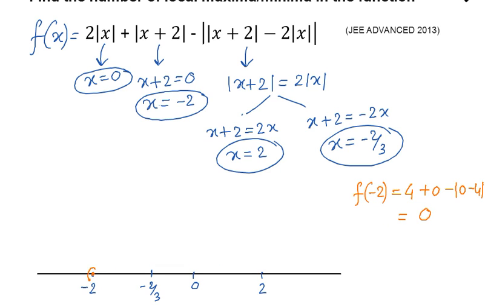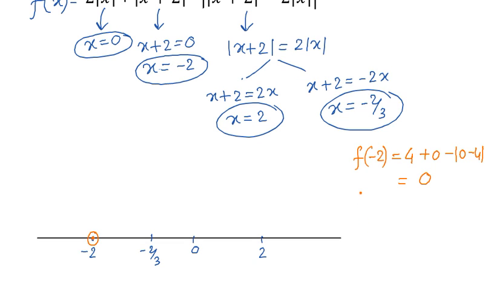For the next critical point, -2/3, putting x = -2/3 we get 4/3 plus 4/3, that is 8/3, because the third part, the whole modulus, comes out to be 0. So at -2/3, the function returns 8/3.